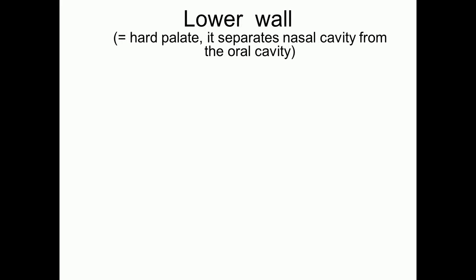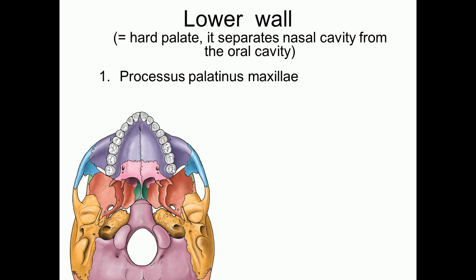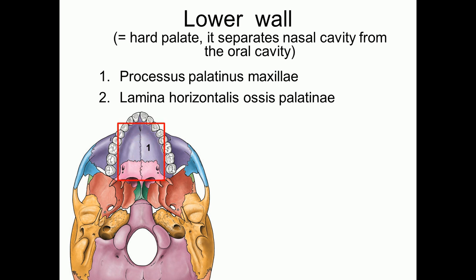Then, the next wall, the lower wall. We already said that the lower wall is the same as the hard palate. So we use this picture of the outer base of the skull to demonstrate that the hard palate, or lower wall of the nasal cavity, is formed by processus palatinus ossis maxillae, number 1, and number 2, lamina horizontalis ossis palatini.